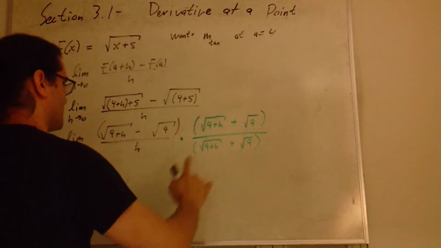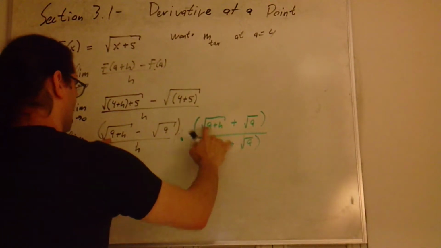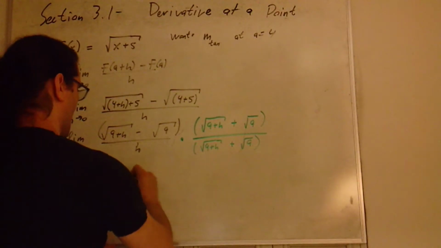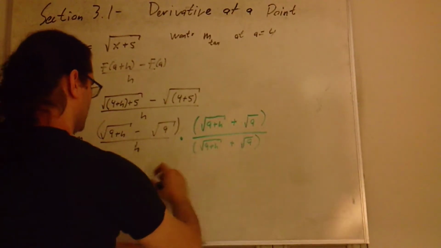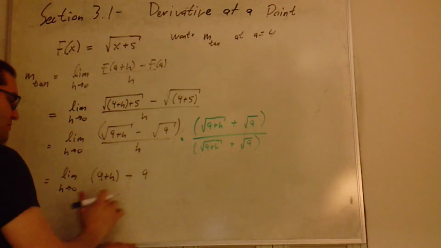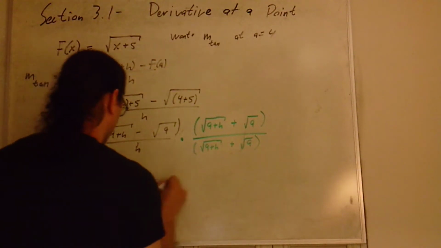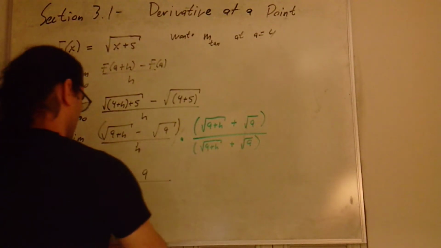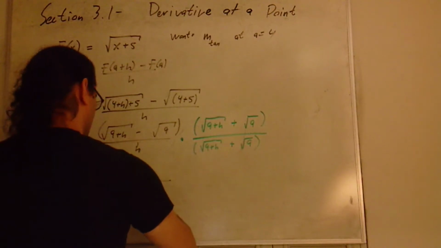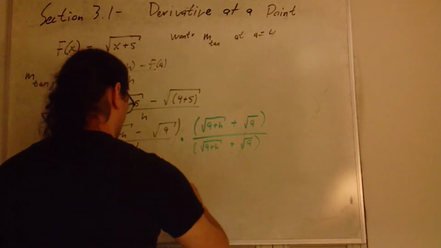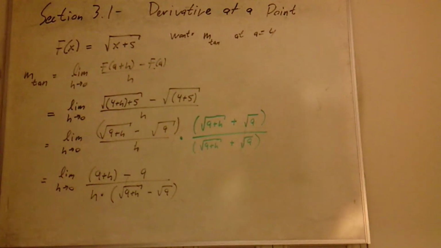Because it's a difference of squares, we should get a squared, which is 9 plus h, minus b squared, which is just 9. So 9 plus h minus 9 is what we get on the top. On the bottom we get h. I'm not going to distribute this. I'm just going to say h times the square root of 9 plus h minus the square root of 9.